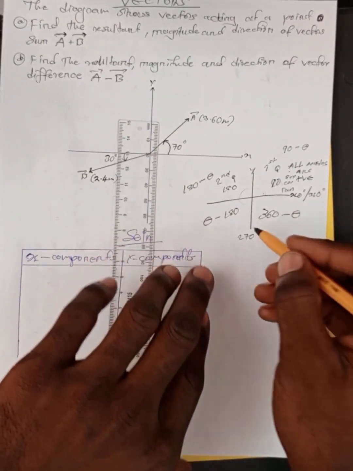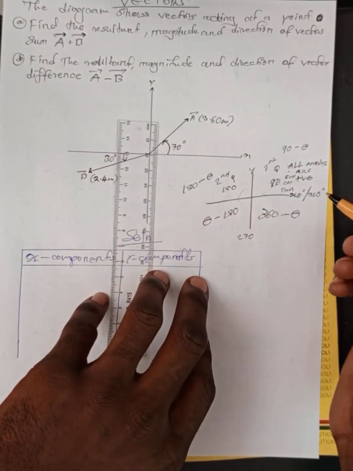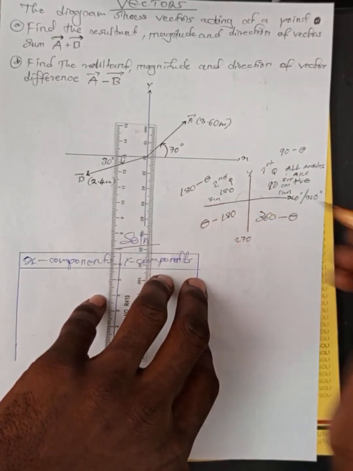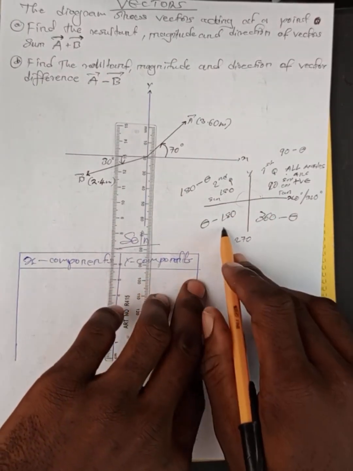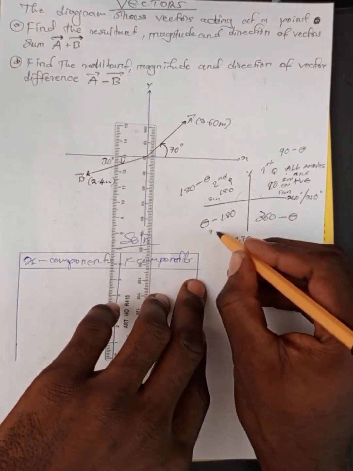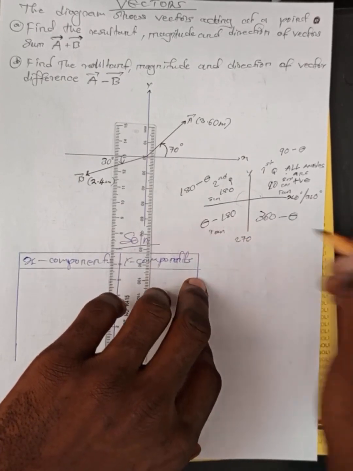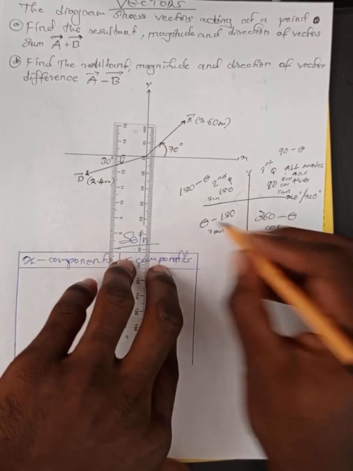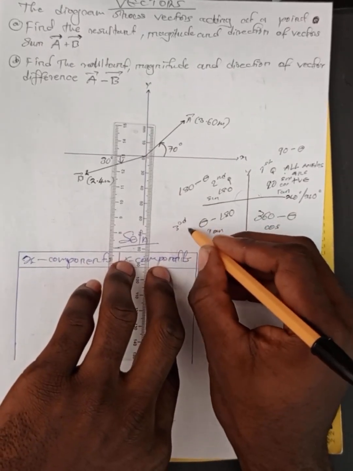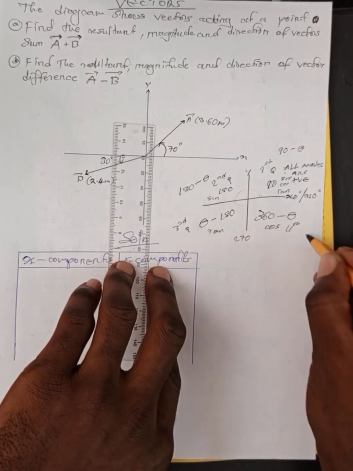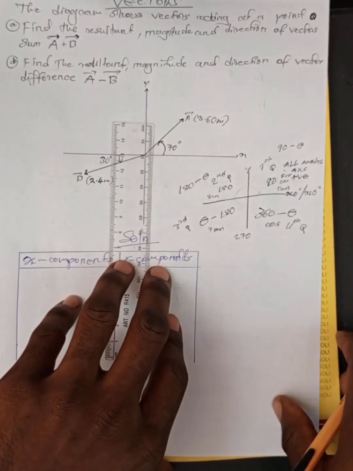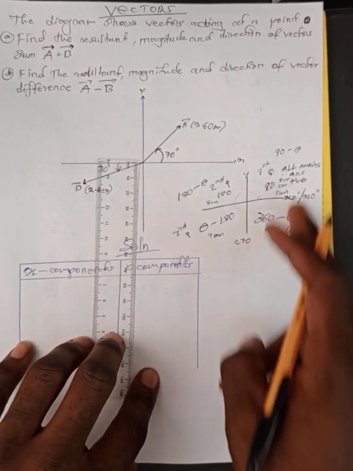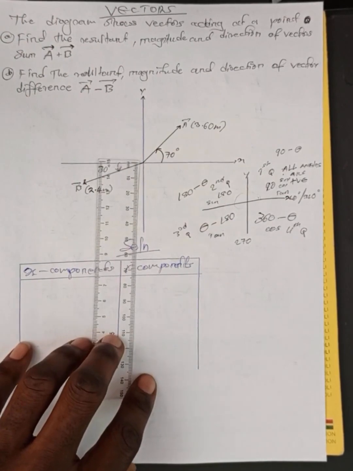In the second quadrant only, sine is positive. In the third quadrant only, tan is positive. In the fourth quadrant only, cos is positive. Hope you have seen everything that I've done here. These are the things that you should know. We move.